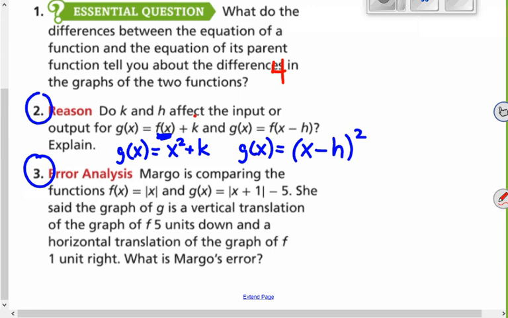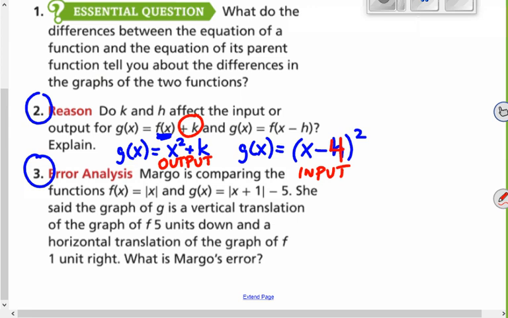Anytime the k, the number you're adding, is on the outside of the f of x, it's going to affect output, or y values. Anytime the h, or even if it was a 4, if you were doing x minus 4 squared, that would shift the graph right 4, meaning it's affecting the x's, meaning that it's affecting the inputs.